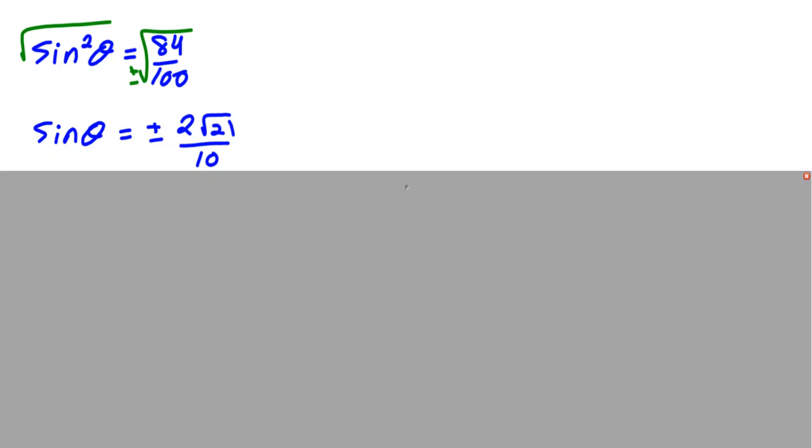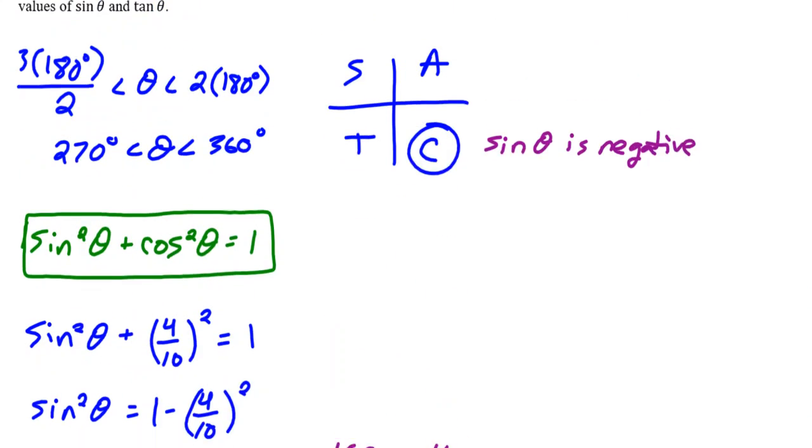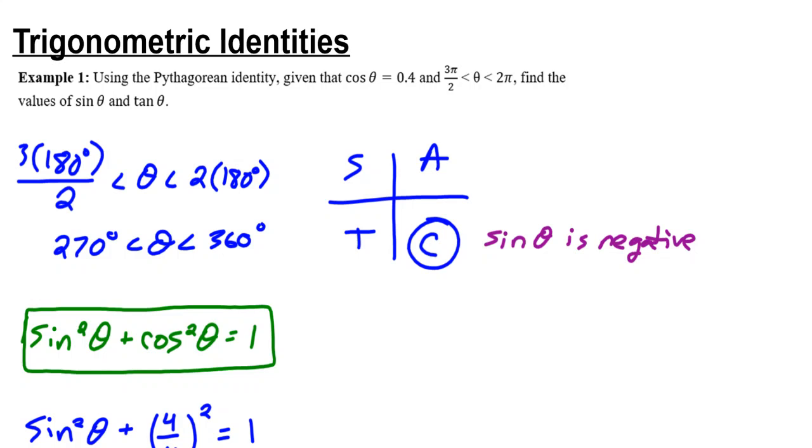Now, figuring out whether this is positive or negative, I just want to go back to what we said earlier. We're in the fourth quadrant. So All Students Take Calculus reminds us that cosine is positive in the fourth quadrant. That means that all other trig ratios are going to be negative. Sine and tan are negative.